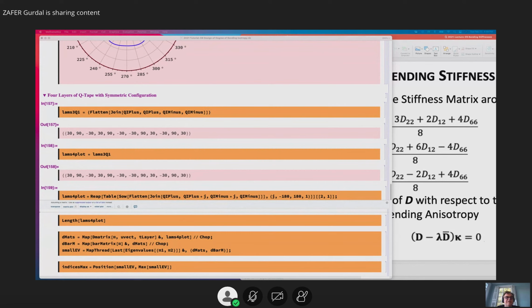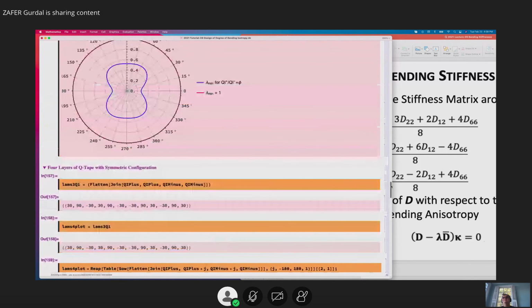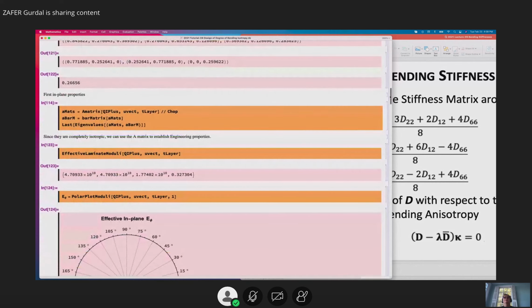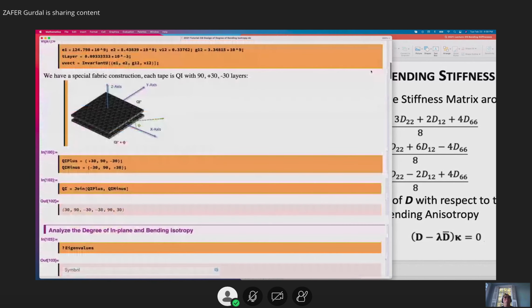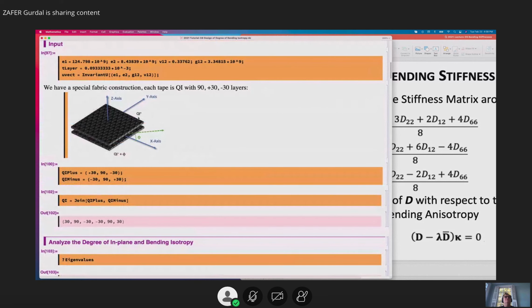But it can be made. Basically, it is something similar to this figure above, except there are 2 of these QI pluses, and then there are 2 of QI minuses, and the layers close to mid-plane are rotated by a phi degree, both for the QI plus and for the QI minus.